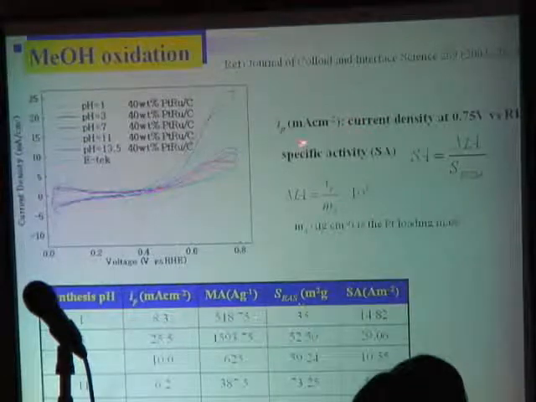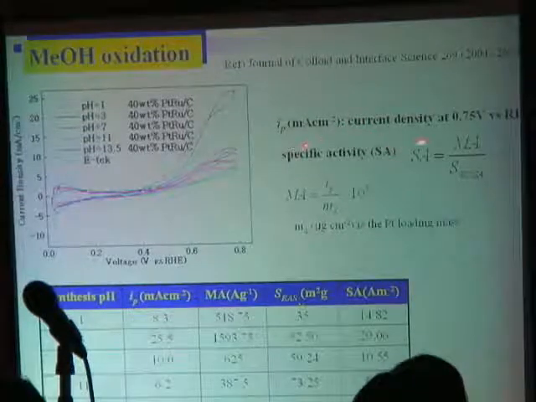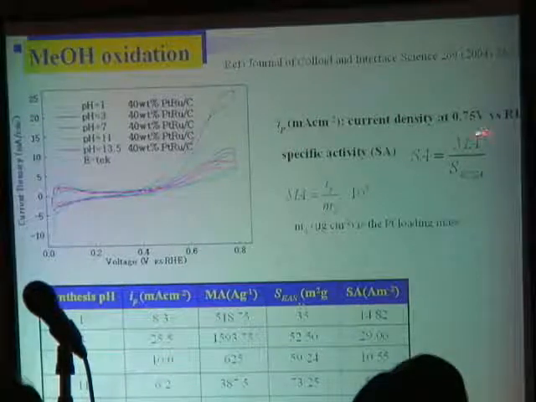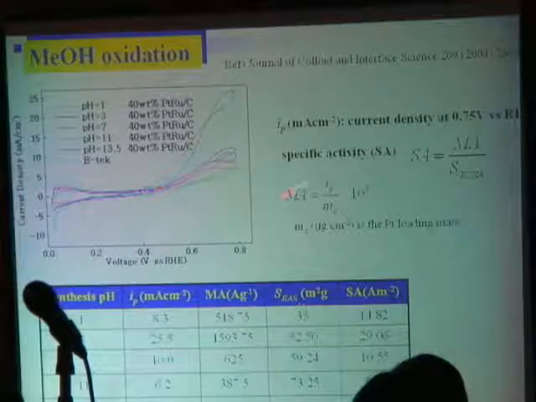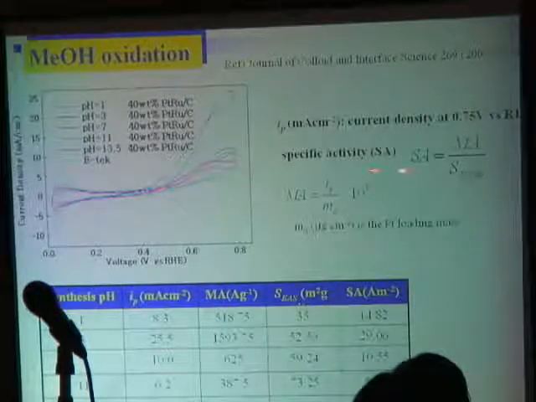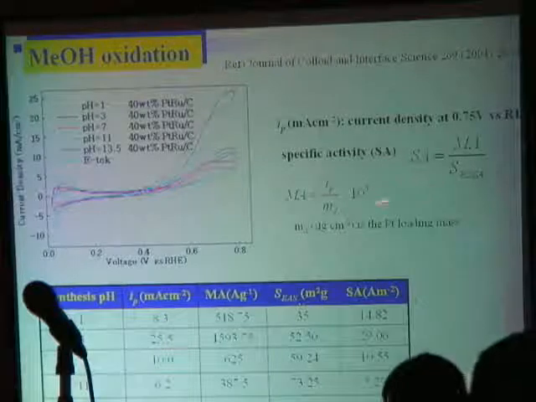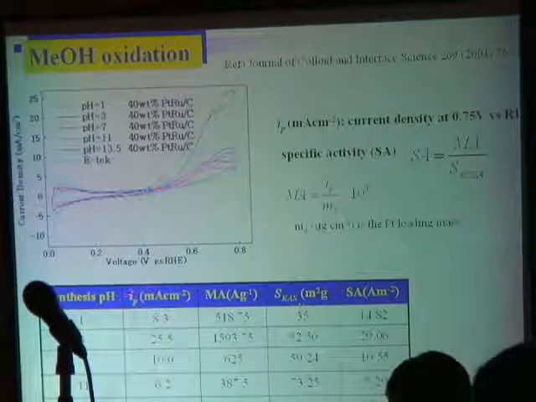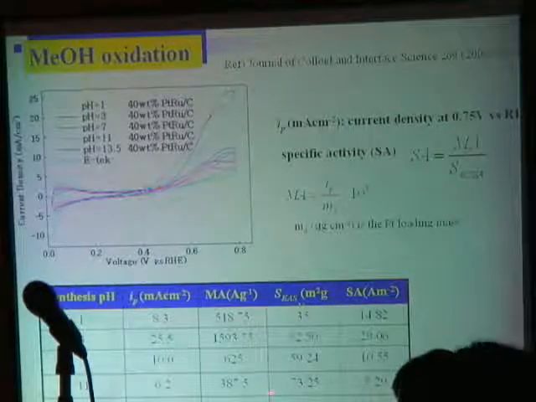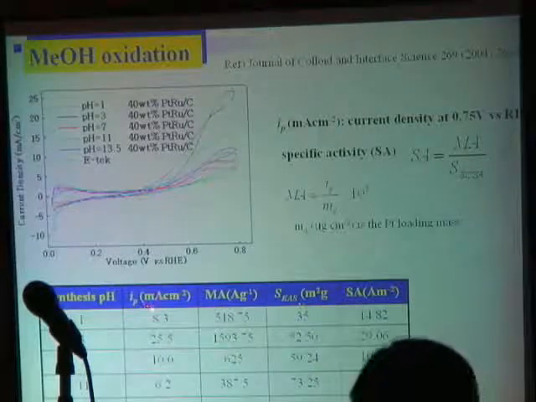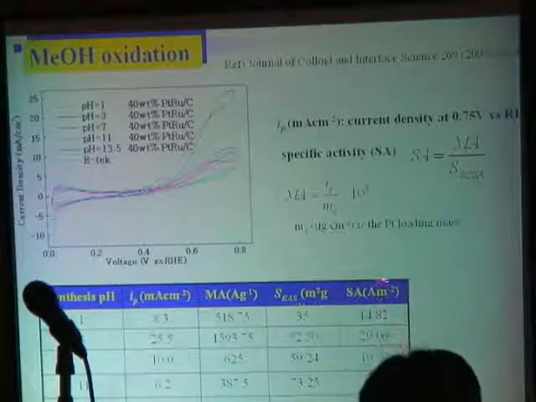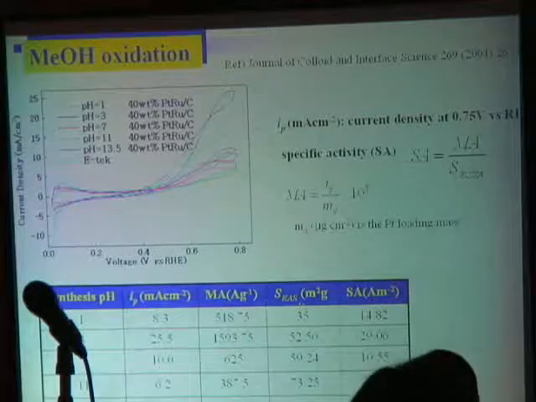From this plot, it shows the current density at 0.75, and from this equation we can know the specific activity. And from this figure we can calculate the specific activity for each catalyst.